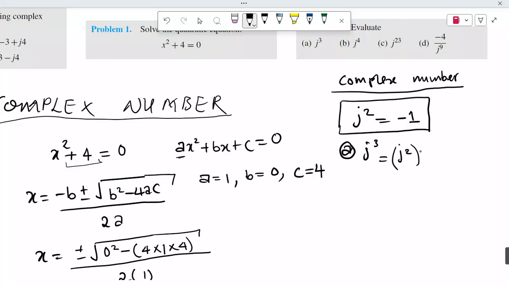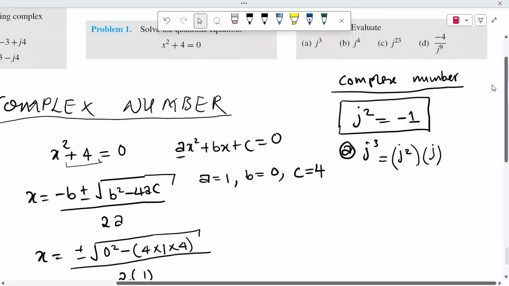Meaning it will be j squared times j, because you are adding the powers. You're multiplying these two: this has a power 1 and this has a power 2, so 2 plus 1 is 3.